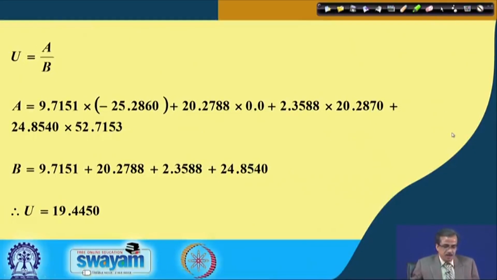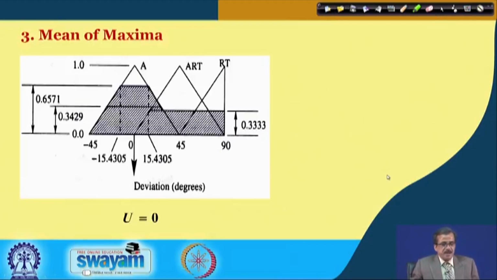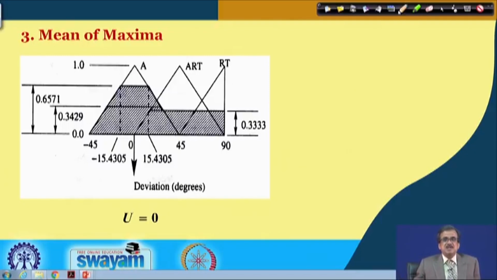Now, then comes another method, that is called the mean of maxima. The principle of this mean of maxima I have already discussed. Now, let us see how to use the same principle to find out the crisp output.